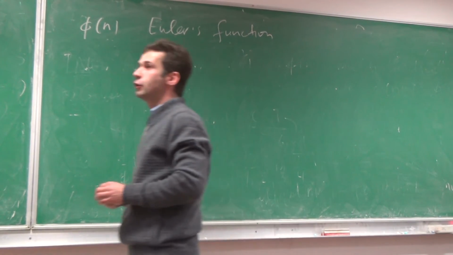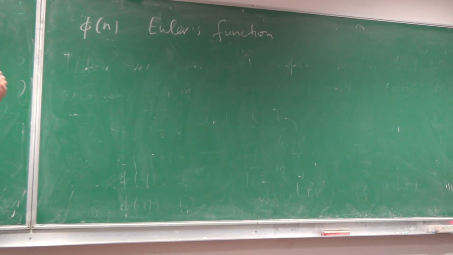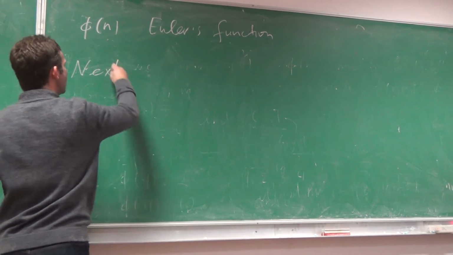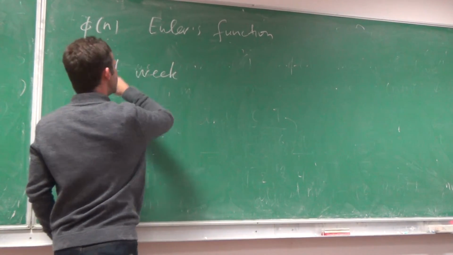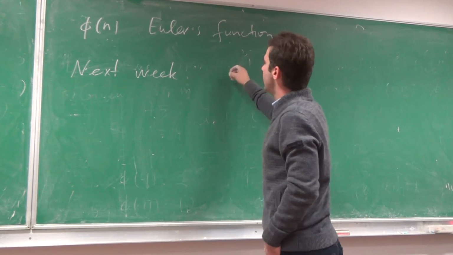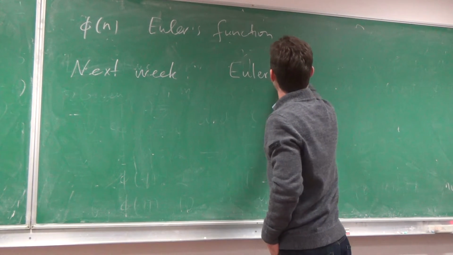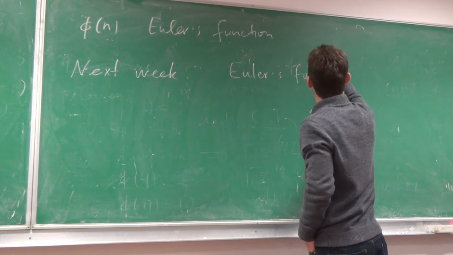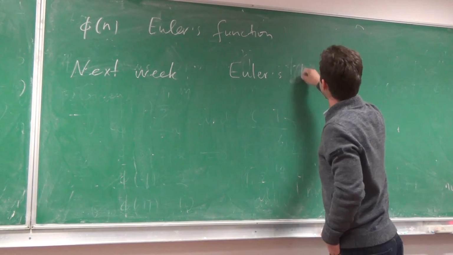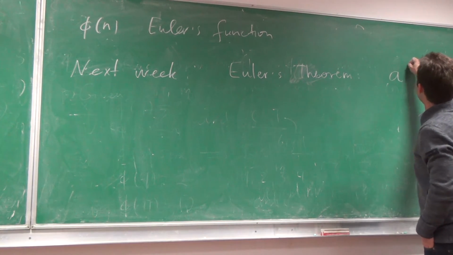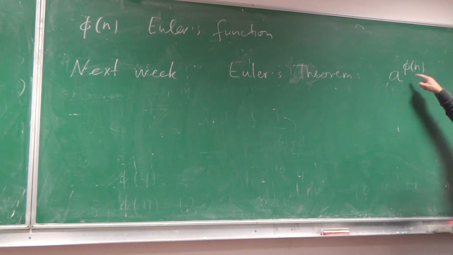Okay, so also maybe let me say briefly how it is needed next week. Next week we're using Euler's function to prove Euler's theorem. It will be the analog of Fermat's little theorem.